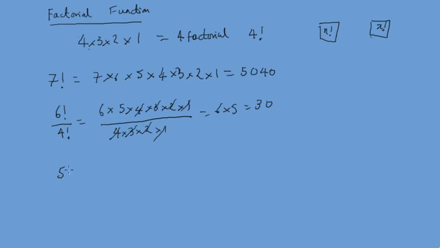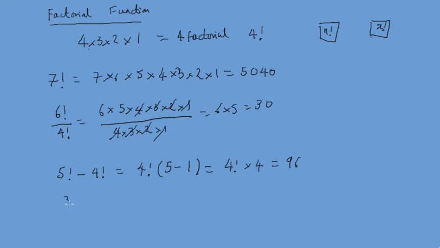Similarly, if we had 5 factorial minus 4 factorial, well, we can use algebra here. 5 factorial is 5 times 4 factorial, so 5 factorial minus 4 factorial is 4 factorial times (5 minus 1), which is 4 factorial times 4, which is 96.